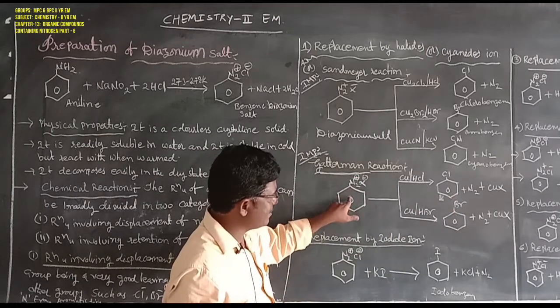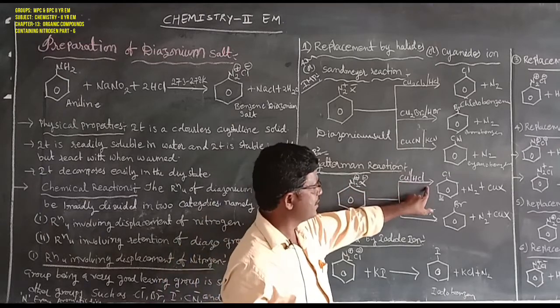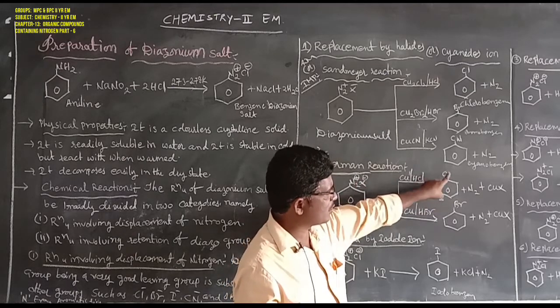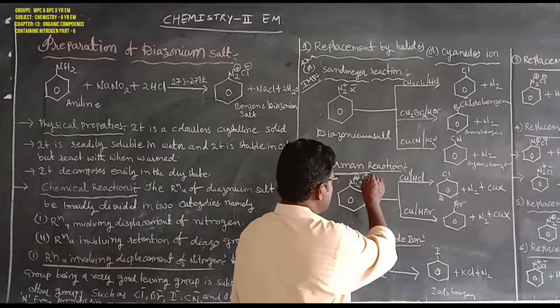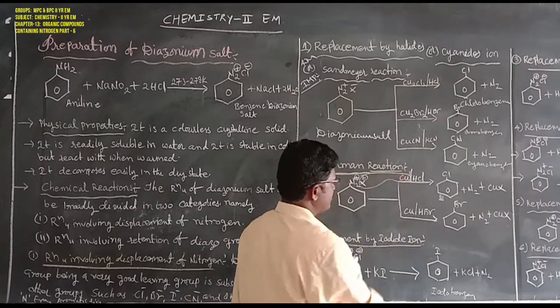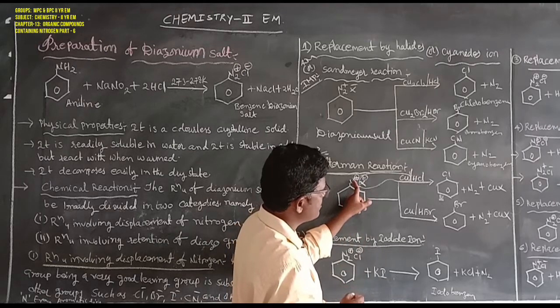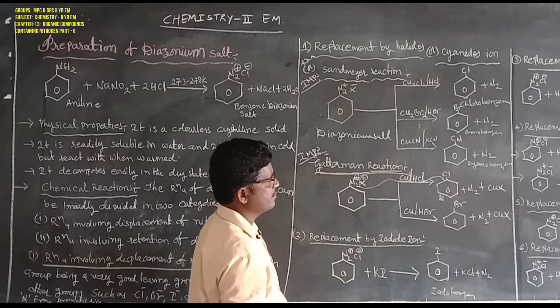In this reaction, benzene diazonium chloride treated with copper and hydrochloric acid, the nitrogen atom is displaced and replaced by chlorine, with removal of N2 and copper halides formed. That is chlorobenzene.